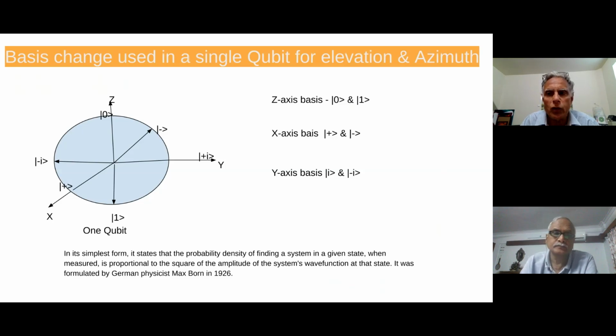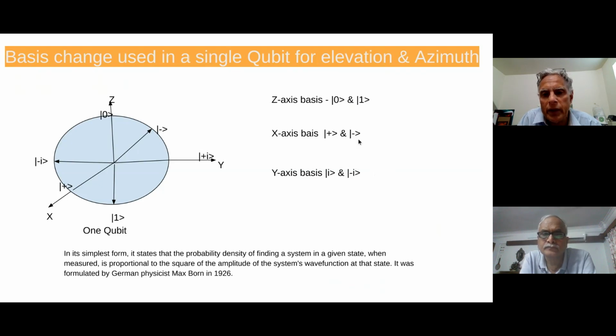Going on to the next one, here I will focus mainly on the basis, that there can be multiple bases, and usually the z-axis basis we call ket0 and ket1. If we use the x-axis basis, we call it the plus and minus basis, and the y-axis basis we call the i and minus i basis. All these bases are representing in their own way, in their own direction.